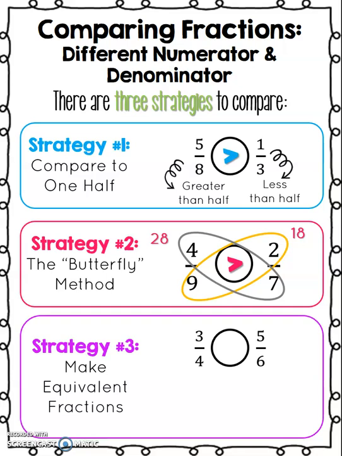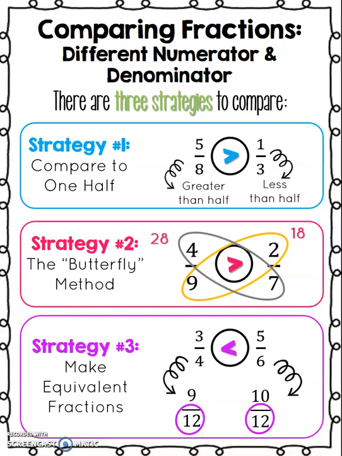So I know that 3/4 is an equivalent fraction of 9/12. And 5/6 has an equivalent fraction of 10/12. So now, since I have the same denominator, I can compare my numerators of 9 and 10. Since 10 is greater than 9, that means that 3/4 is less than 5/6.